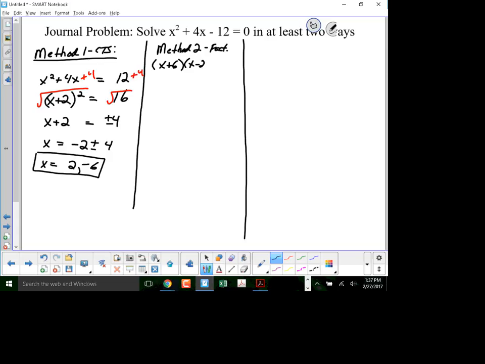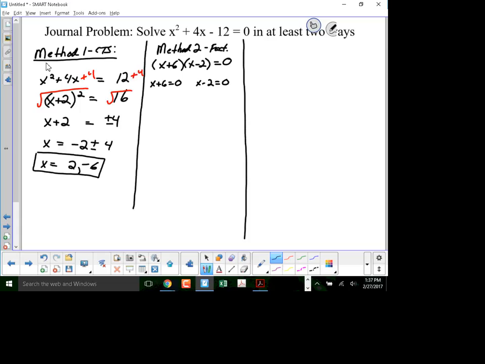Excellent. And equal to 0, right? And then what did you do? And then I did x plus 6 is equal to 0 and x minus 2.